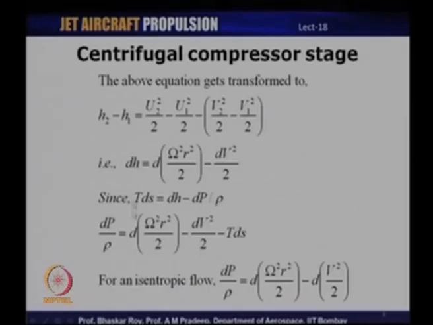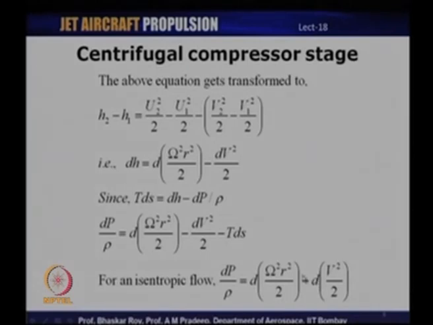Therefore, we substitute dH here, that is dP by rho is equal to d into omega square r square by 2 minus dV square by 2 minus TdS. And for simplicity, if we assume that the flow is isentropic, then we have dP by rho is equal to d into omega square r square by 2 minus dV square by 2.